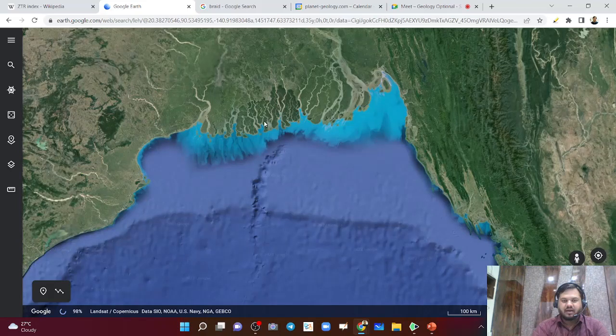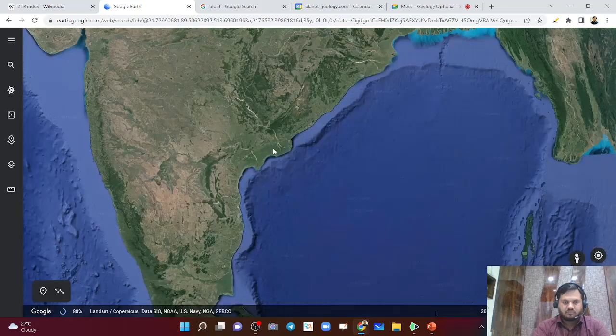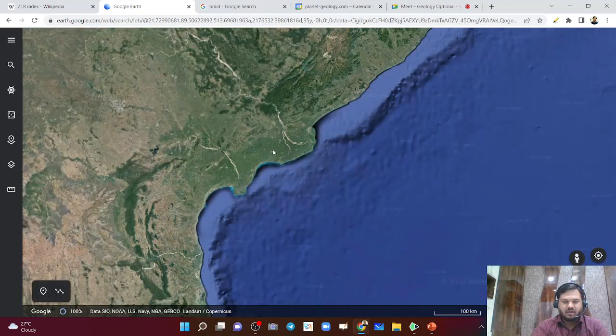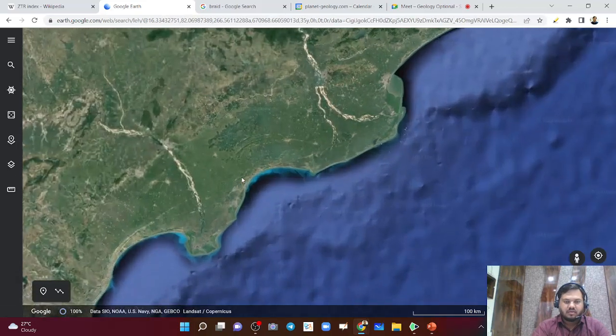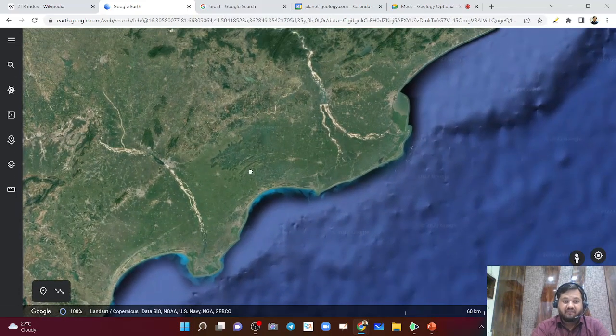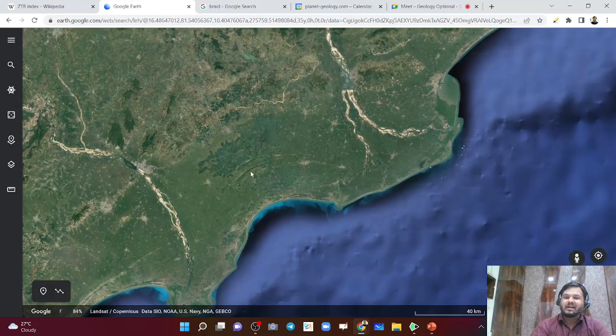So before this, observe the Krishna Godavari delta. Tell me the features you see here, right? There are two things you can see. One thing is that this delta is basically parallel to the coast. Another thing is, you can see evidence of a Paleo Delta also.